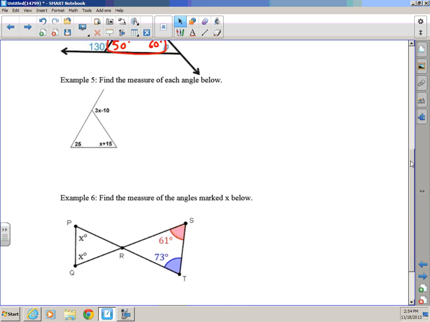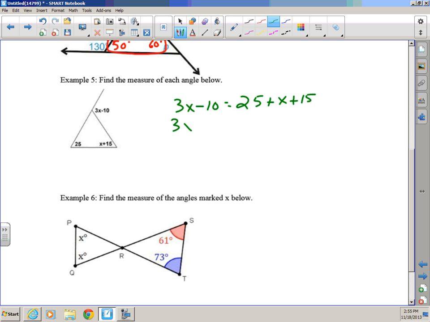Now, here's where the rule is a necessity. Because I don't have any actual numerical values for my angles. So I need to figure out X. The only way I could figure out X is to set up an equation. And so what is the equation I'm going to set up? I know that the exterior angle of 3x minus 10 equals the other two angles added together.